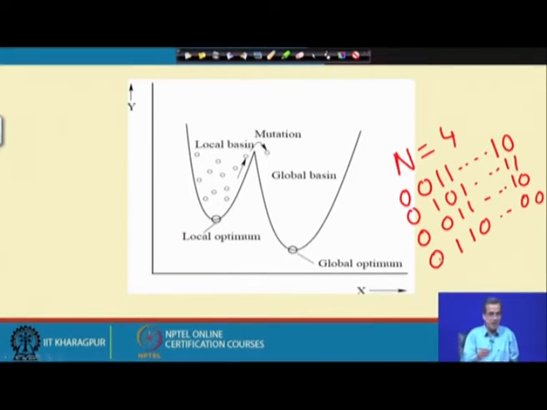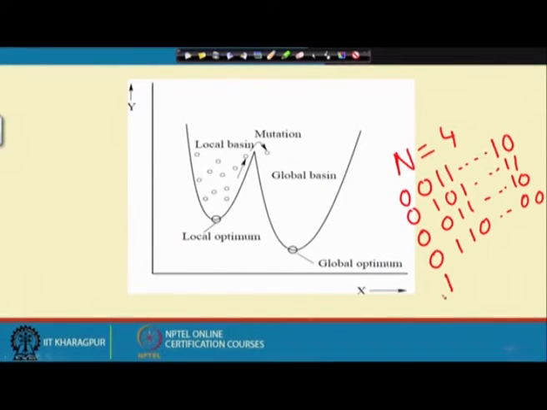But supposing that my globally optimal solution requires 1 at the leftmost bit position, that means if I want to hit that globally optimal solution, the leftmost bit should be 1. The reality is that not even a single crossover operator which I have discussed will be able to generate 1 on the leftmost bit position.